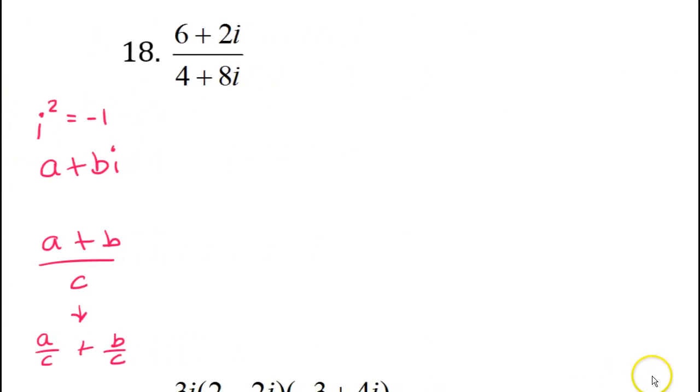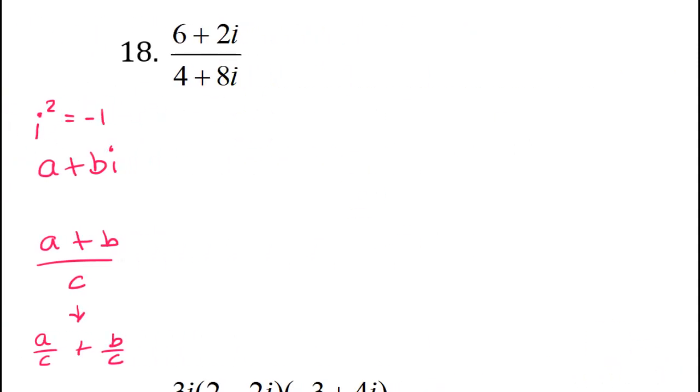All right, let's do the same thing with number 18. Now, you know what? Before I even start this problem, I'm noticing that all 4 of these numbers are divisible by 2.